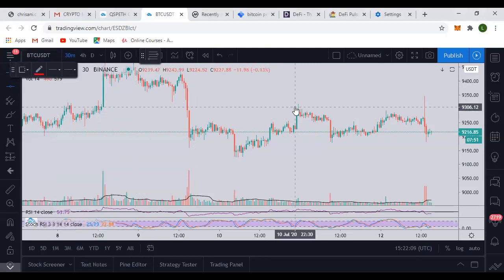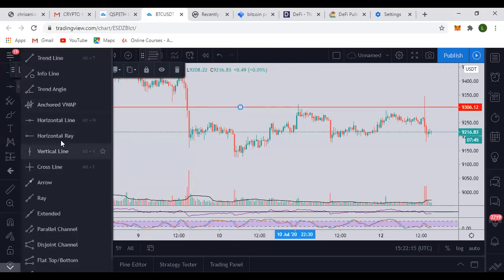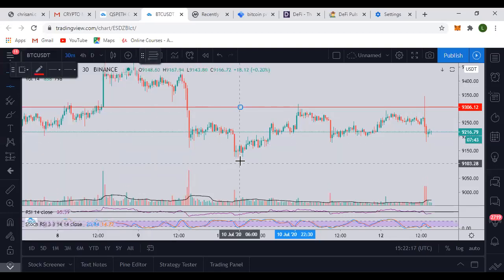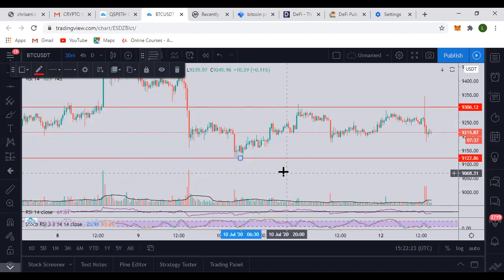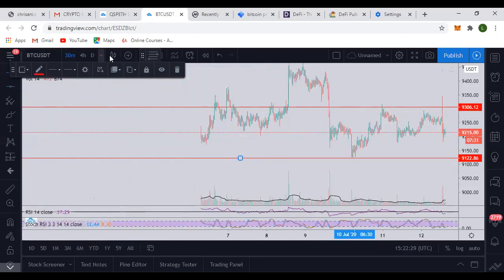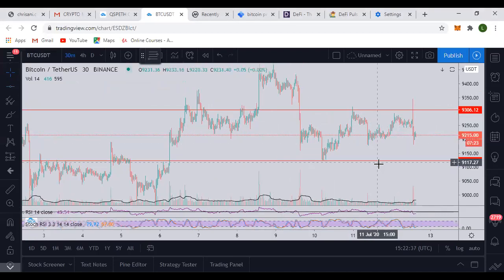You see this place now, and you see this place. This one down is a support. This one up is a resistance. If you look at it in a wider view, you see what I'm talking about.